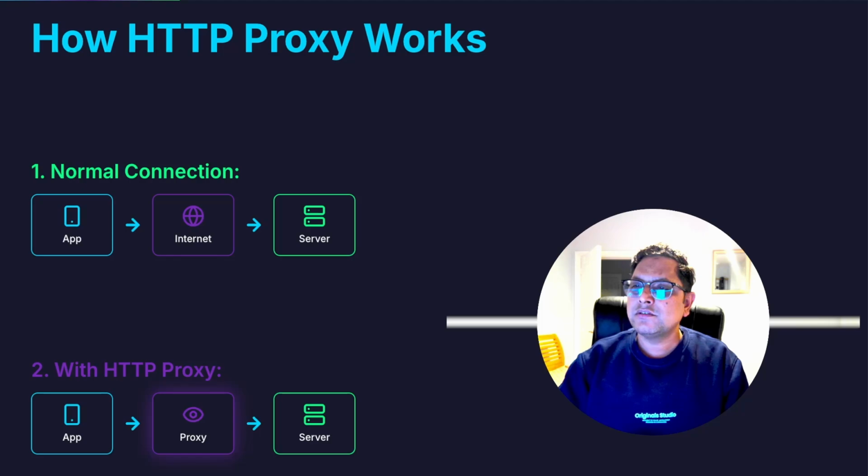After that, the proxy sends the response back to the application. So the magic happens in the middle step because the proxy sits between our application and the server. It can inspect and log everything passing through it. Every request, every response, we can get complete visibility, and that's exactly what we need for troubleshooting.